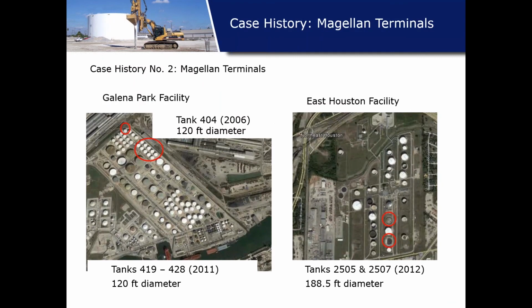Another project, case history number 2, is Magellan Terminals. At this site, we did some phased construction. In 2006, we supported 120-foot diameter tanks, and in 2012, we supported tanks 2505 and 2507.